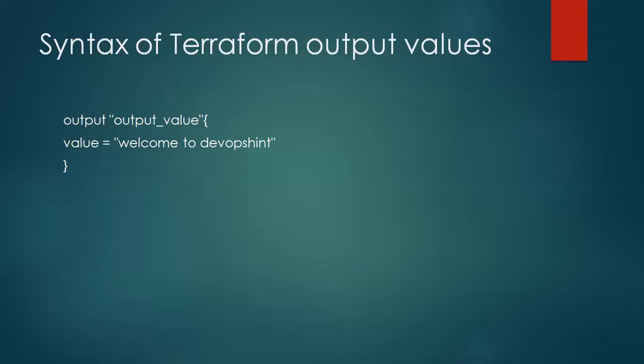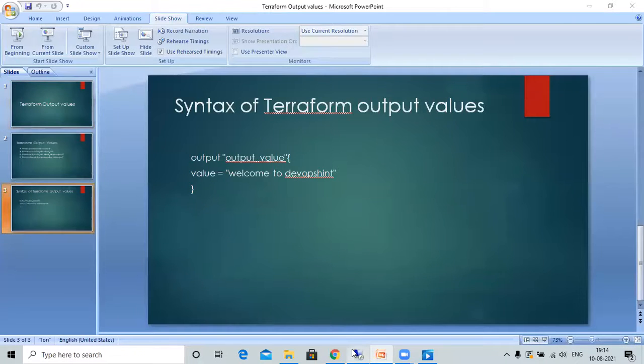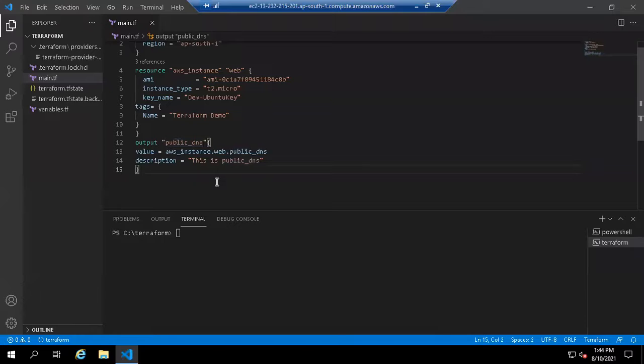So now let's look at the code in Visual Studio Code. Before running the code, let's understand the code in the main.tf file. Firstly we are going to define the provider, AWS provider, then resource. In resource we provide AMI and instance type, I have provided t2.micro, and key pair means key name.